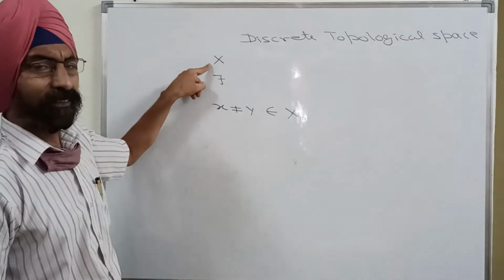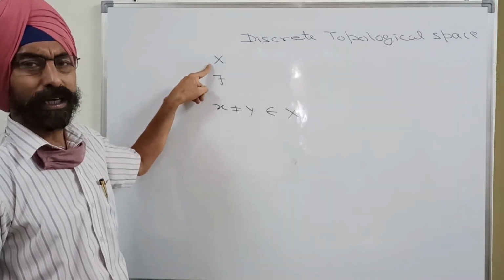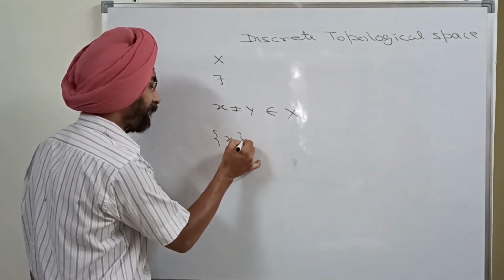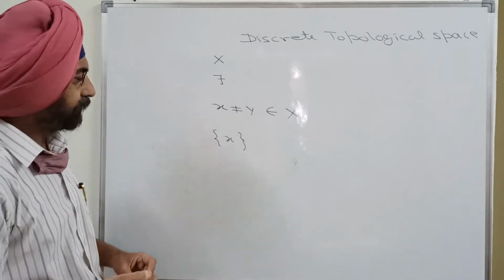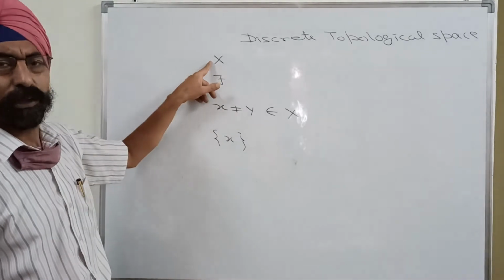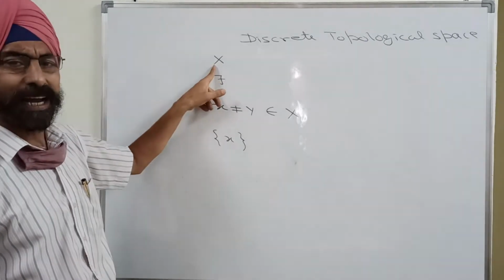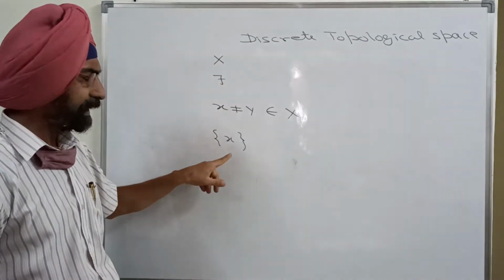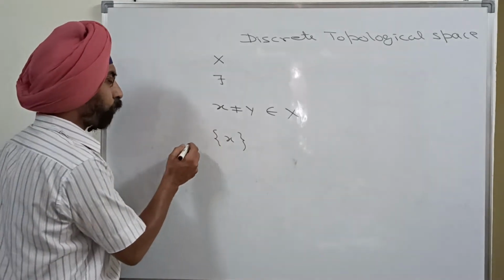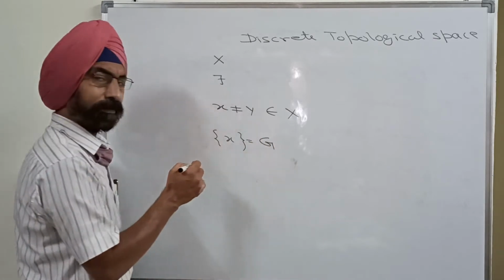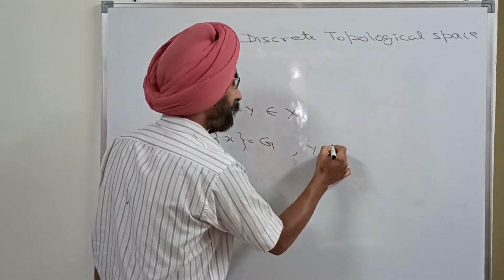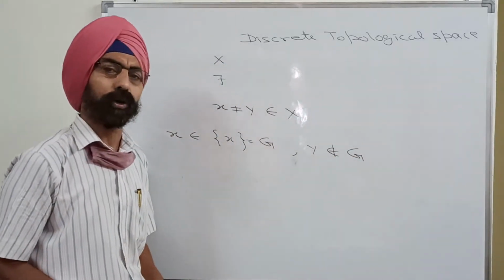because every subset of X is now an open set. Let us take the singleton set {X}. Since X is an element of X, this singleton set is a subset of X, and since every subset of X is open, it is also an open set. So this is our required open set G, such that X belongs to it and Y does not belong to it.